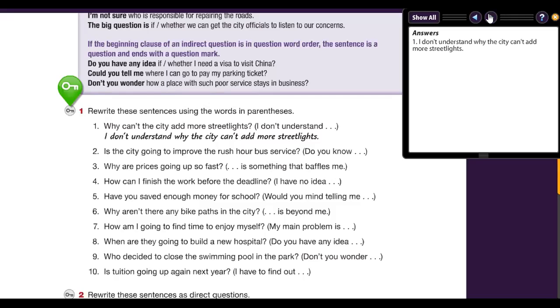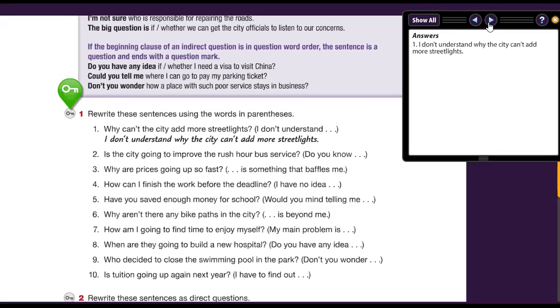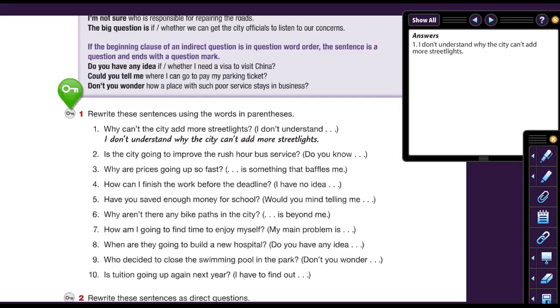Did anyone notice what's missing? Can someone help me by reading the chat? What's missing? So it's okay. We start with do you know. First, we need to identify the direct expression.